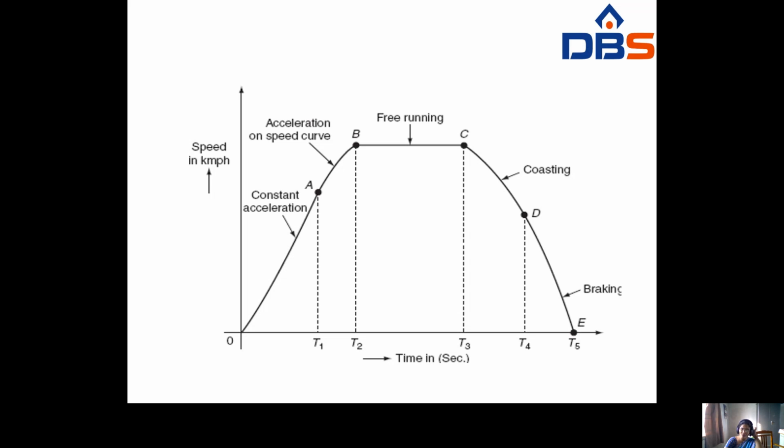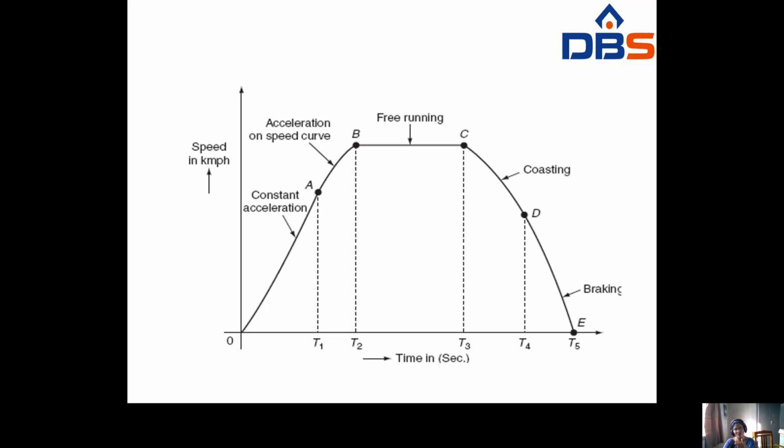For the mainline services, the train first starts at slow speed and accelerates up to some particular point. This period is called constant acceleration.